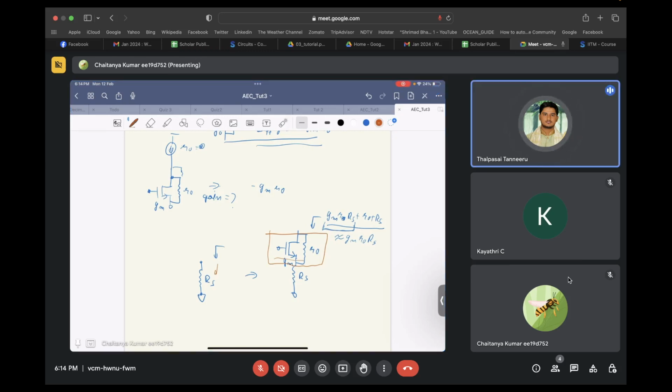Sir, in Razavi, it says that by using the source degeneration, while the MOSFET is in saturation and considering channel length modulation, the slope will get decreased. How will it decrease, sir, based on the source resistance?